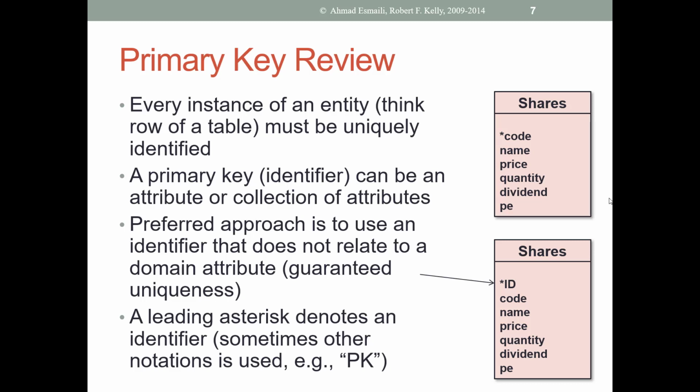Atomic means you have a single attribute which can identify each record uniquely. Sometimes we need more than one attribute to uniquely identify the tuples in a table or an entity.